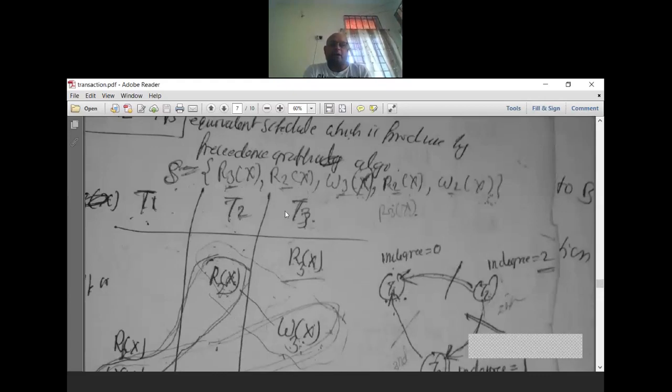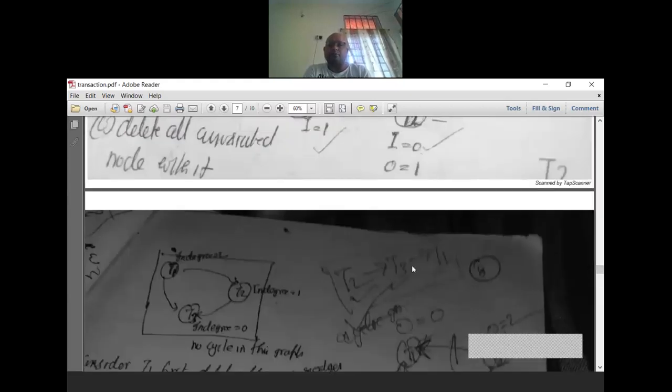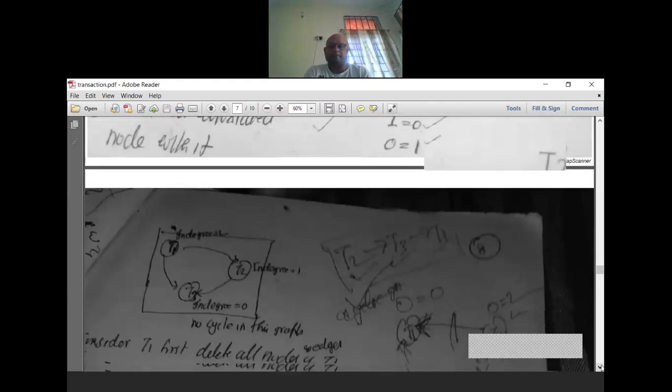If I write the T2 operations first, same as they are, then the T3 operations after that, and T1 operations after that, it is the equivalent conflict serializable schedule of this one. Before it was T1, T2, T3, and now the equivalent conflict serializable schedule is T2, T3 and T1, which we have found out by this example.